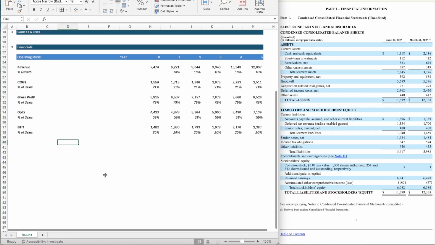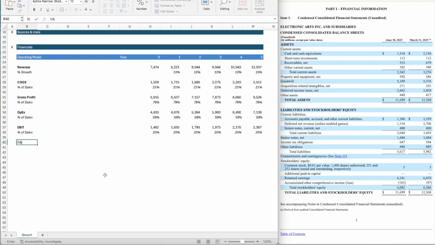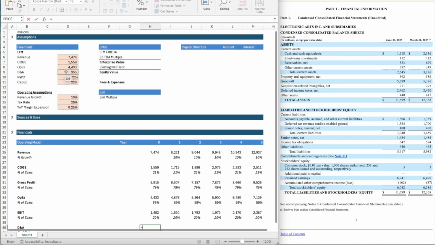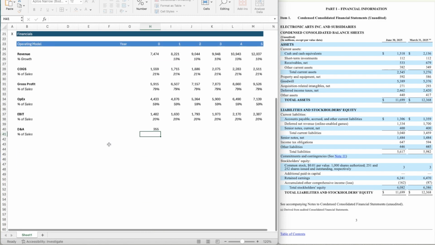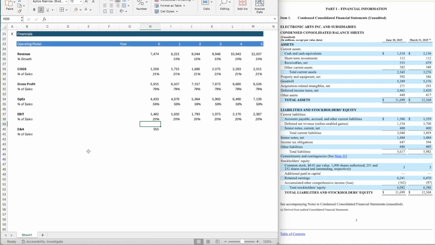The next one is the depreciation and amortization. Okay, equals, so it's about, well, yeah, nearly 5% or 4.7% of revenue.